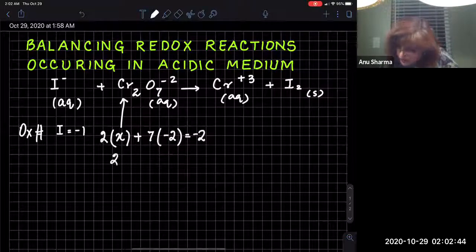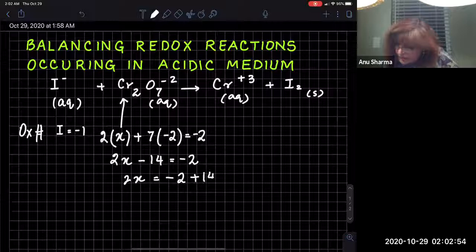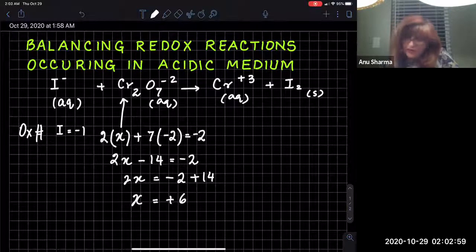So here 2X minus 14 is equal to -2, and 2X is equal to -2 plus 14, and that gives you X is equal to +6 when you solve this further.